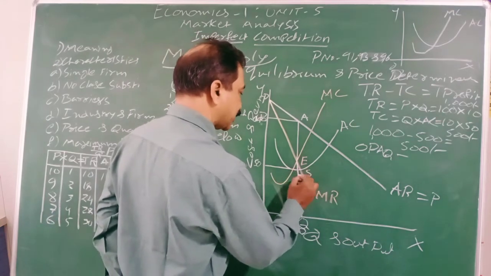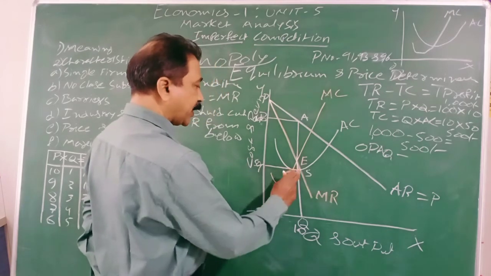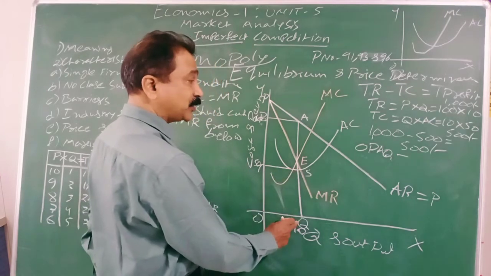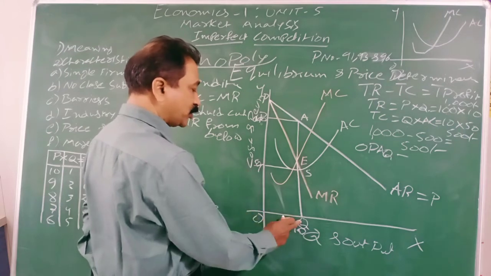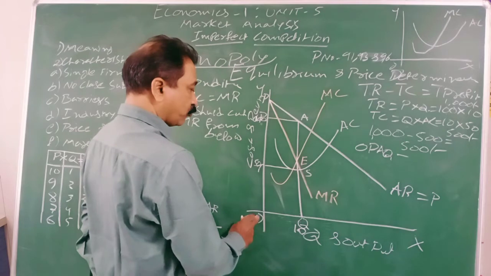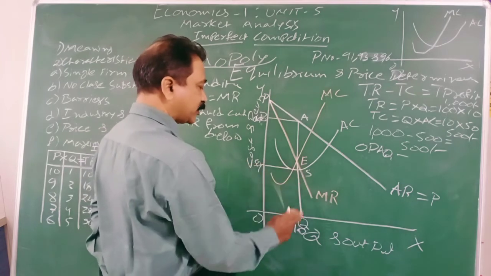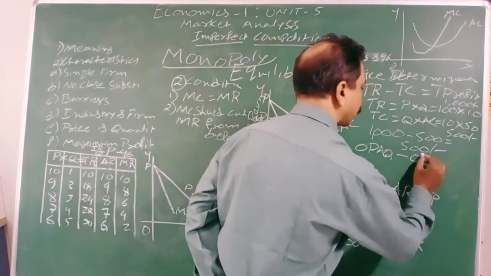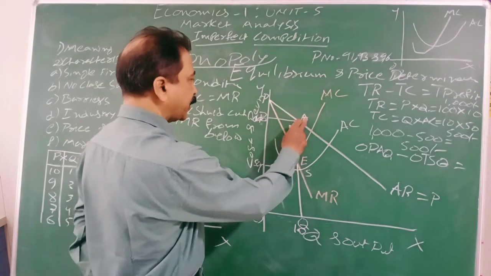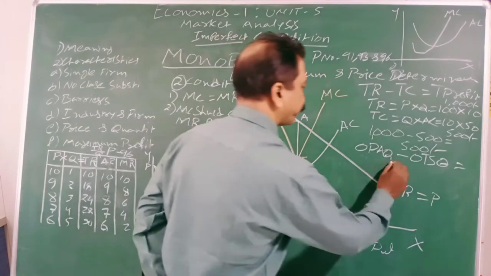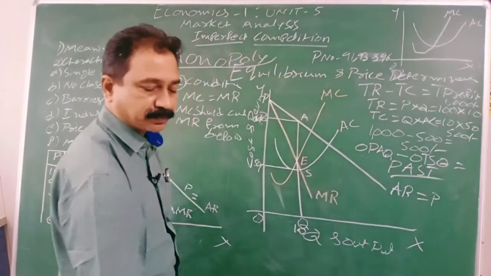This point is S, this point is, let us say, T. OTSQ is the total cost. OT is 50 rupees. OQ is how much? 10. OT multiplied by OQ is OTSQ. So total profit is how much? PAST is the total profit.